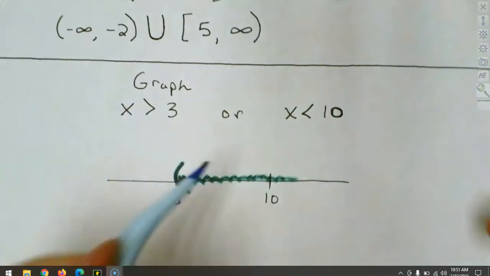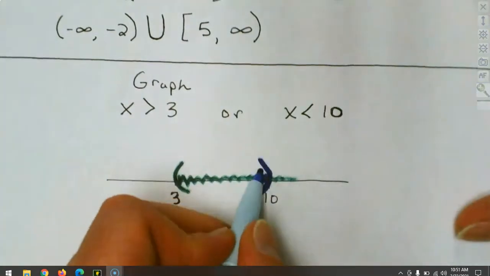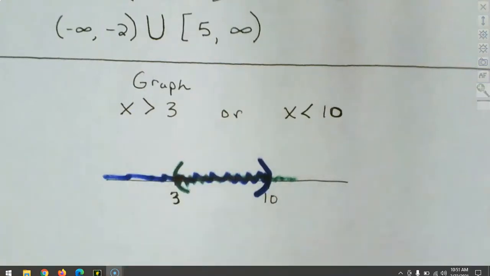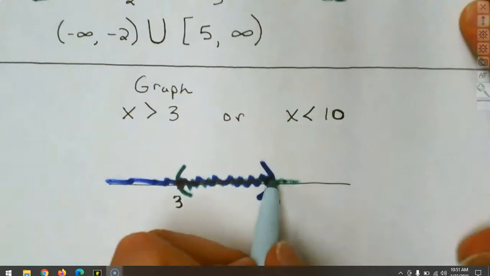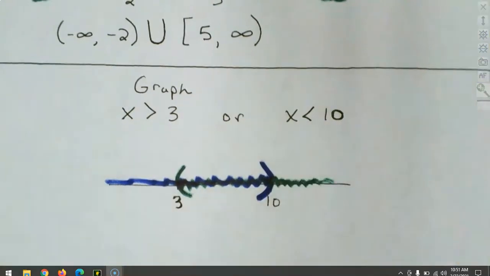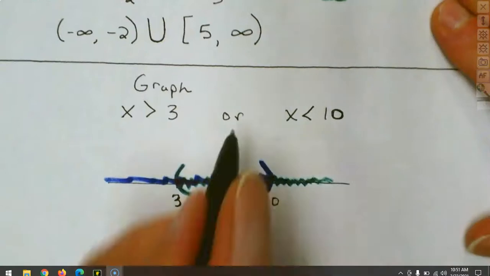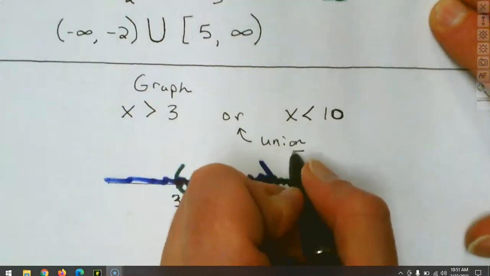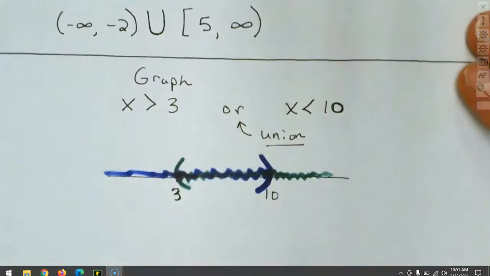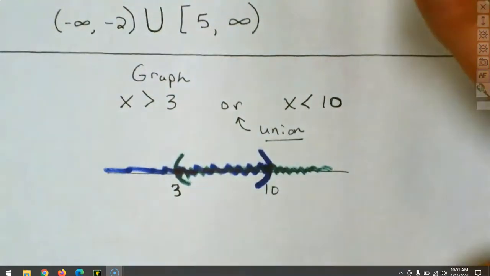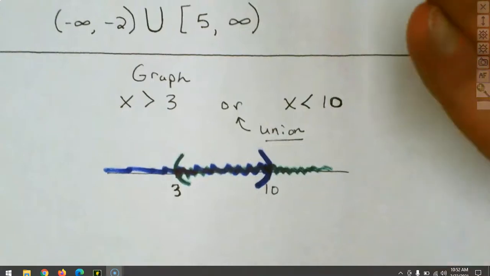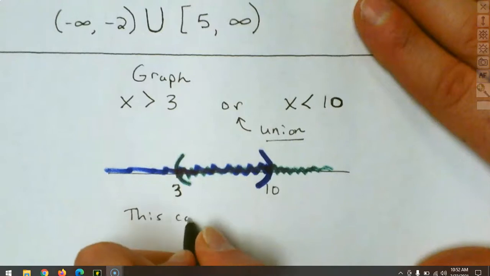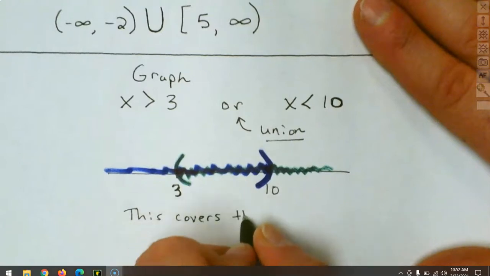It's pointing to the left, so we have to shade to the left. Now, what does that or mean? Or means we combine them together. And that or is also called the union. And if I put these together, what does it do? If I put these pieces together, it covers the entire line.